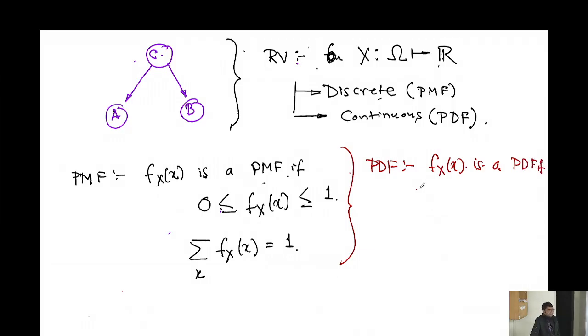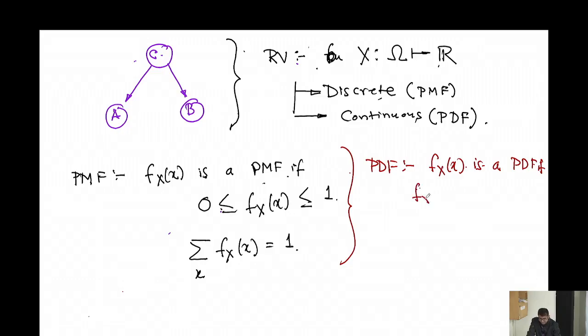Now what are the two properties for PDF? Greater than equal to 0. It can be greater than 1 also. PMF is always between 0 and 1, touching 0 and 1. PDF can be greater than 1 because it's not probability, it's density of probability actually. So it can be greater than 1, keep that in mind. PDF is not bounded on the upper hand side. I mean, there is one special PDF where this value can be infinite, the Dirac delta function. When something is very certain, then at that point it's infinite.